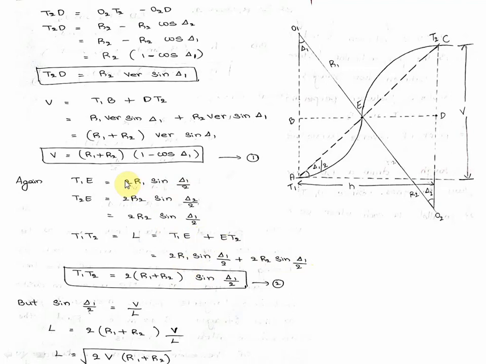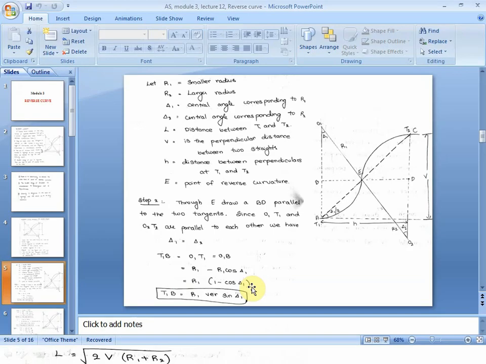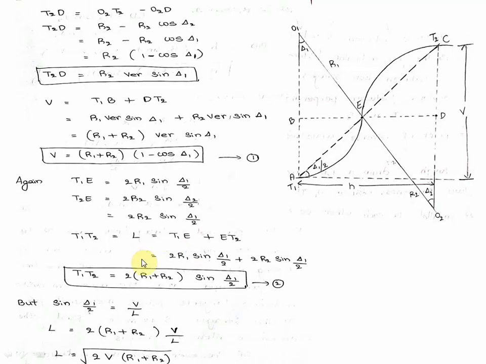So T1T2 can be written as 2 into bracket R1 plus R2 into sin delta 1 by 2. Take the 2 and sin delta 1 by 2 common, so T1T2 equals 2(R1 plus R2) sin delta 1 by 2, that is equation 2.